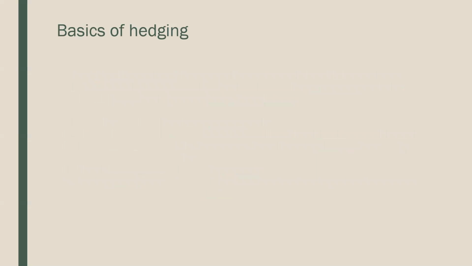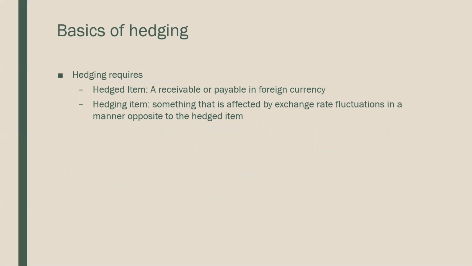To take a look at the basics of hedging, going by the definition that we saw, hedging needs that there be a hedged item, which is essentially a receivable or a payable denominated in foreign currency, and a hedging item, something that is affected by fluctuations in exchange rates, but in a direction opposite to that of the hedged item.